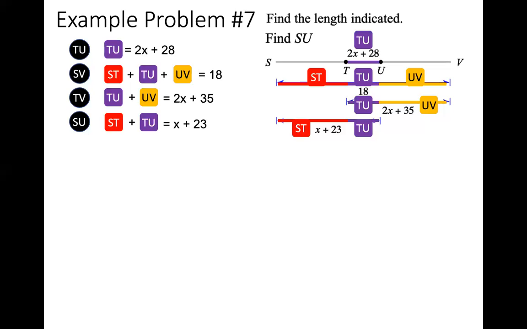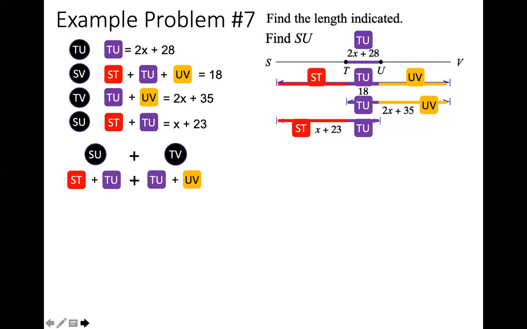To do that, if I just look at this one, what I can see visually is that the fourth line, the one on the very bottom, is the red plus the purple. If I add that fourth line to the third line, the one right above it, so SU plus TV, then I'm going to have this entire line, right? I've got the red, the purple, and the yellow, except I have double purple.